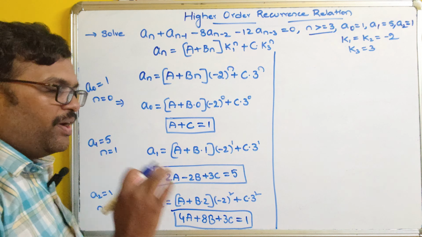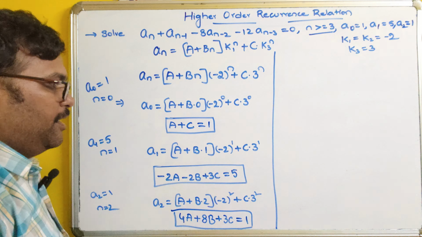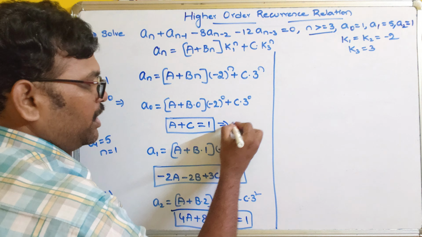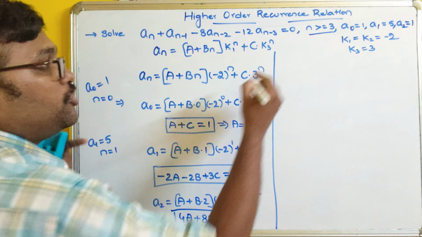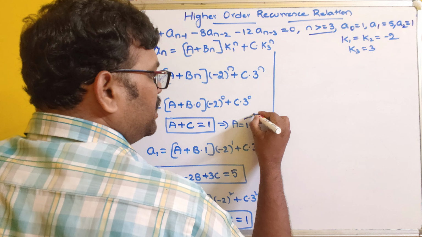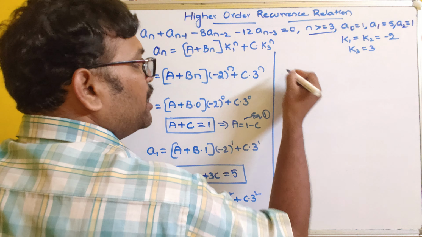Now we need to find the values of a, b, c. So from this part, we can write a is equal to 1 minus c. So let this be equation 1.